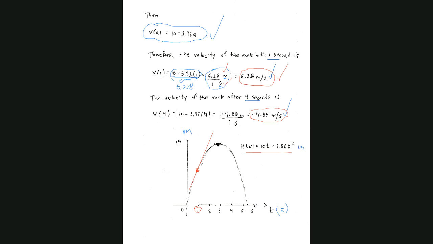So if you were to draw a right triangle here, this would be what we call delta H, the vertical distance on that triangle, and it's a right triangle.